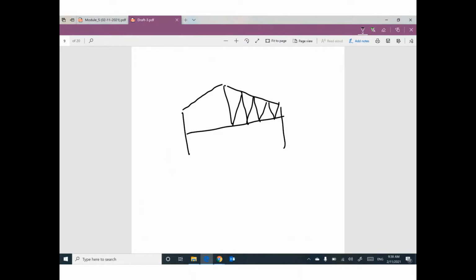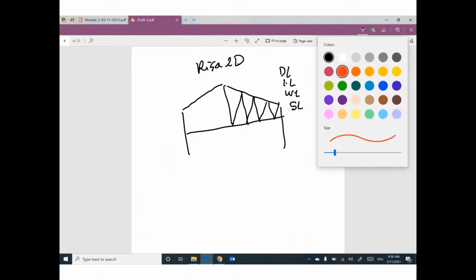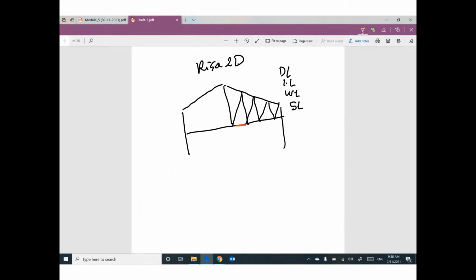We can calculate dead load, live load, wind load, and snow load. We can use RISA 2D to analyze this truss. And finally, I can tell you the internal force in each member: axial force, tension, or compression.